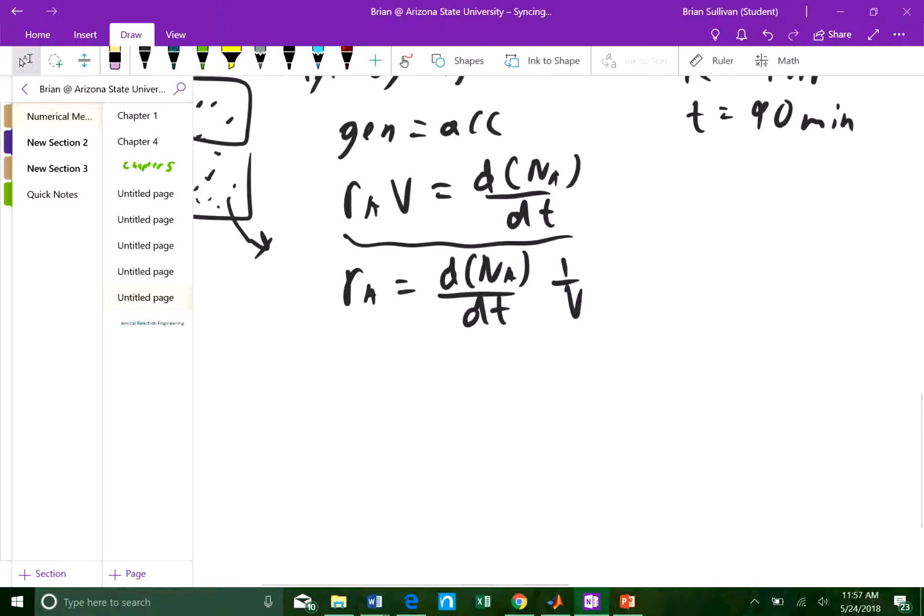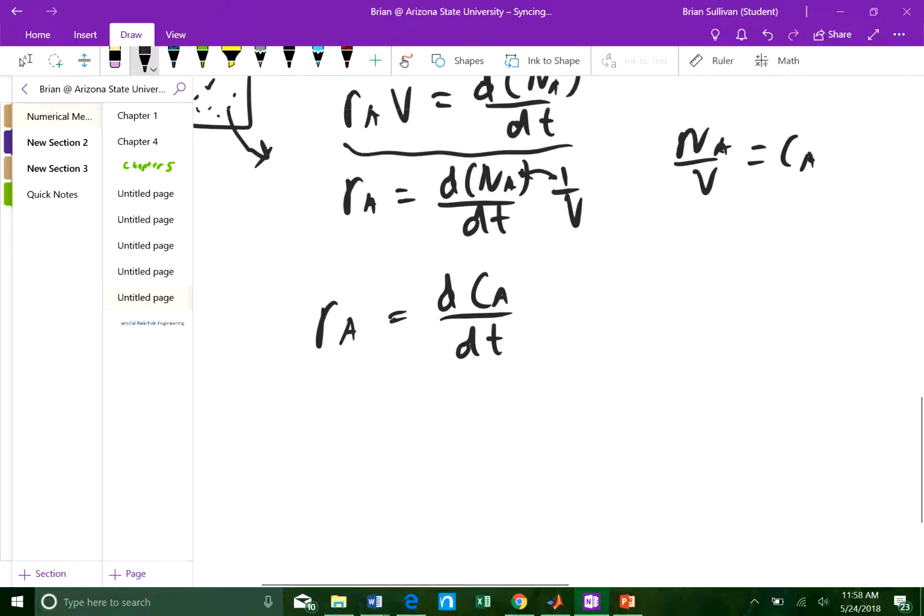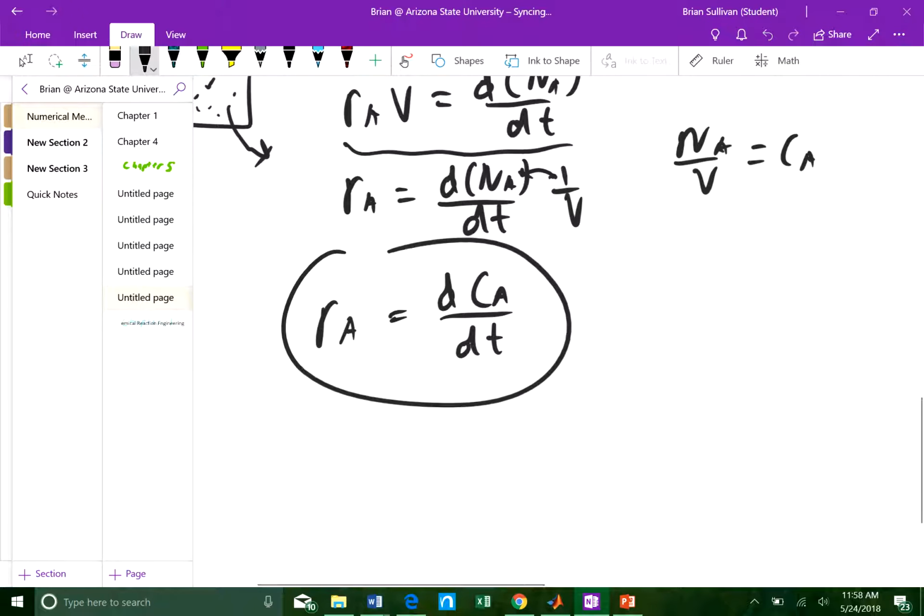Since V is constant, the volume is constant for a rigid batch reactor, we can put that into the differential term. By dividing NA over V, you get CA. Moving forward, now we have an equation that we can solve.